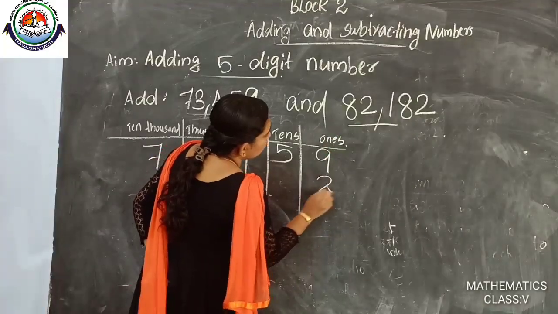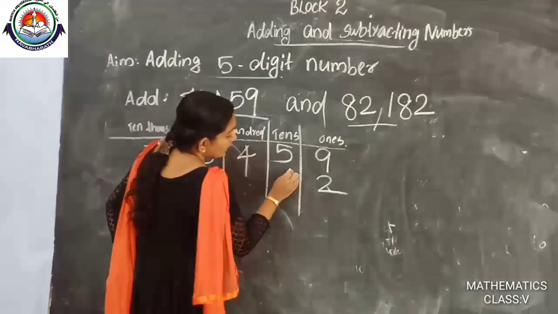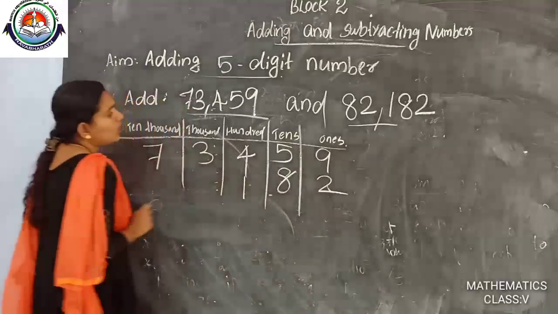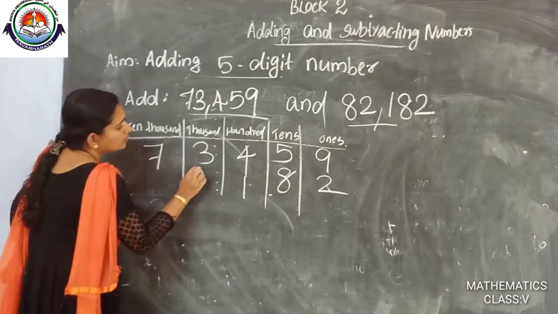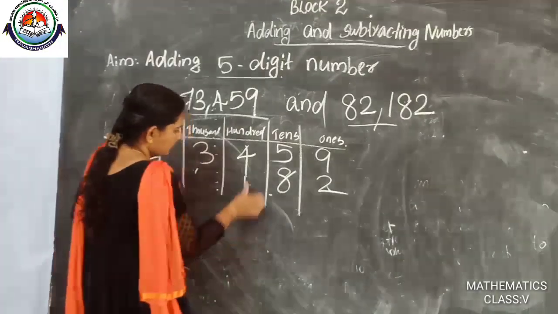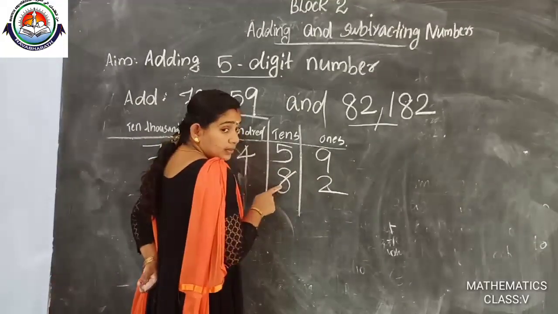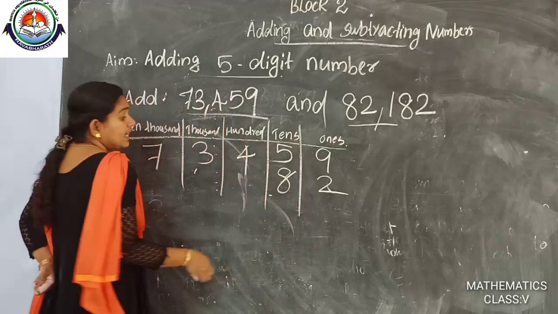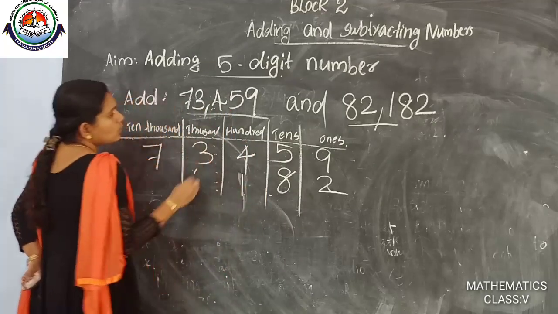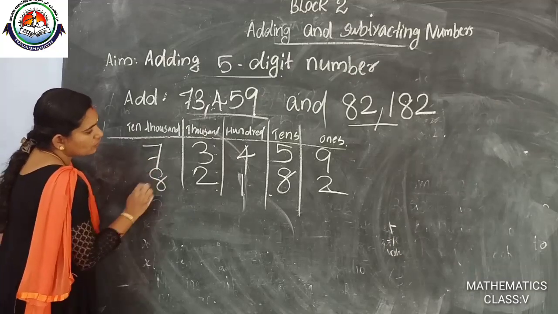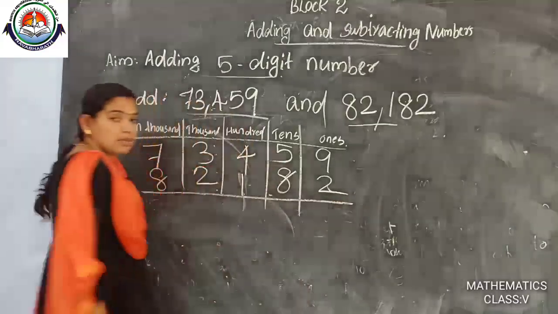Ones place is 2, tens place is 8, hundreds place is 1, thousands place is 2, ten-thousands place is 8. So we are adding these two numbers.